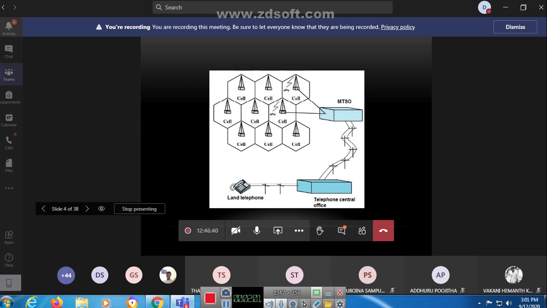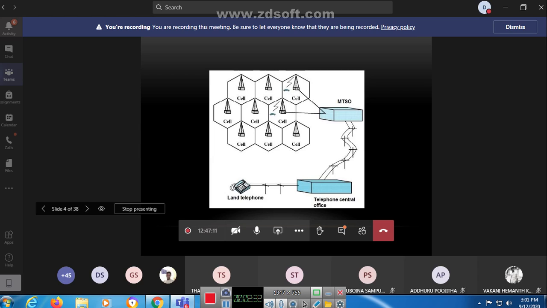For this cell network, there is nearly one base station. For that base station, there is a mobile telephone switching office: M for mobile, T for telephone, S for switching office. So one mobile telephone switching office. For that office, nearer there is the telephone central office.